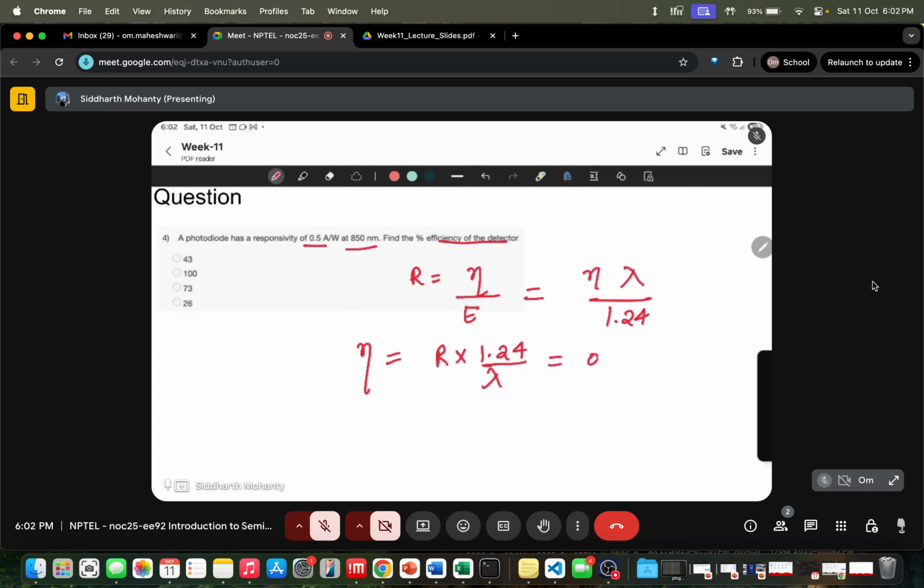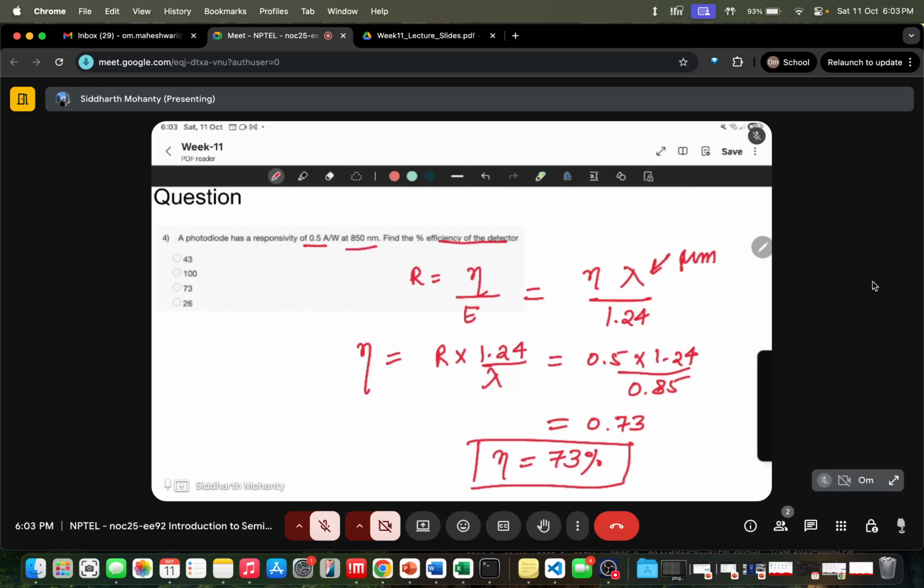R is 0.5 into 1.24, lambda is 850 nanometer, in micrometer 0.85. Solve this, you will get 0.73. So efficiency is 73%. So this option.